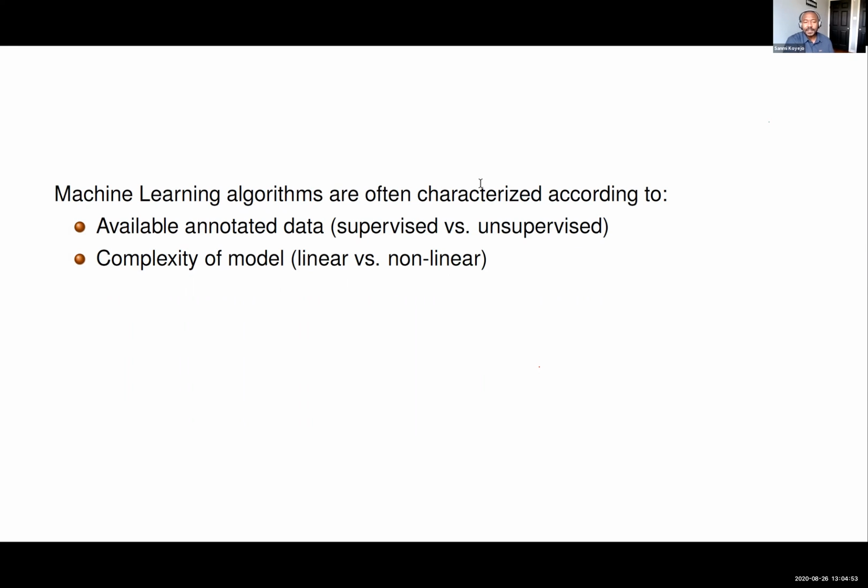And this difference can lead to quite different behavior in how we fit the models and how the model behaves. So it's a high order bit when we try to think about how to categorize different kinds of machine learning models.